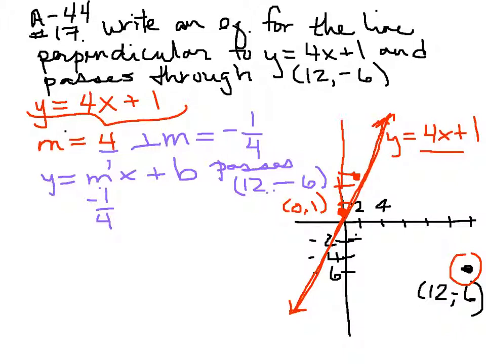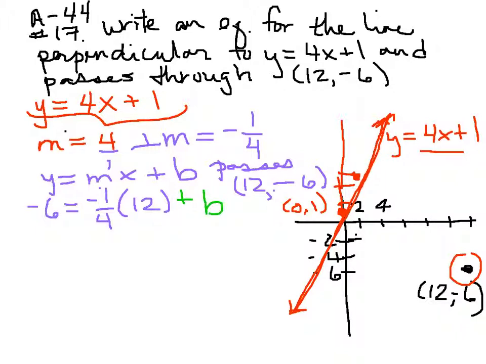So all I have to do is make those substitutions. So y is -6. That's equal to -1/4. And then x is 12. And I am solving this equation for b.